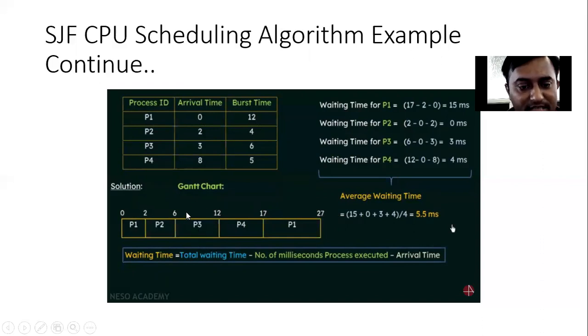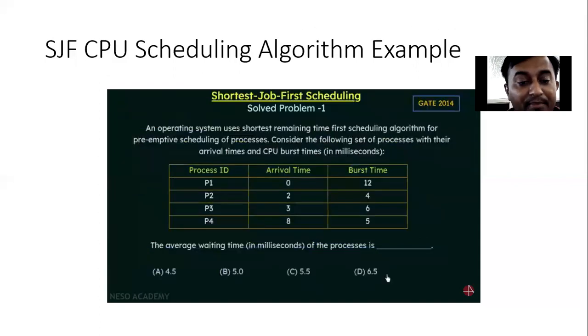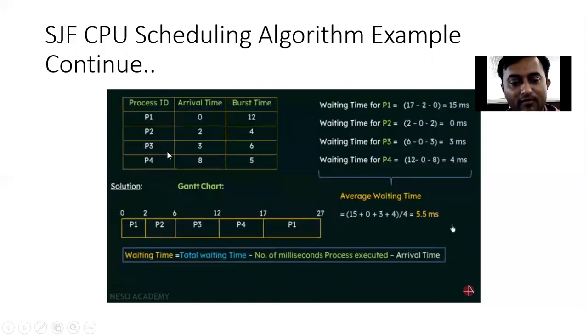What is the first step of this example? You have to draw the Gantt chart based on the consideration of the primitive nature of SJF. Let us discuss the Gantt chart first.